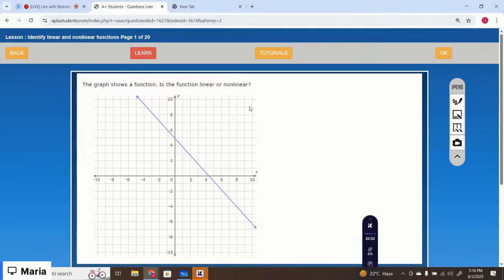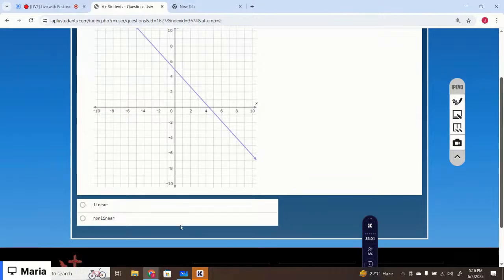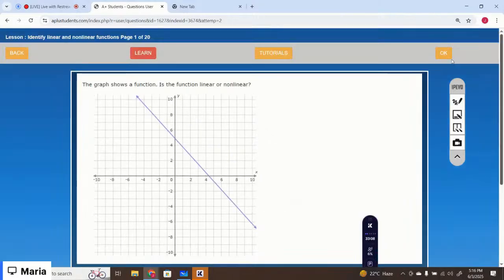The graph shows a function. Is the function linear or nonlinear? The graph is a straight line, so it is a linear function. Option number one is the correct option. This is a linear function.